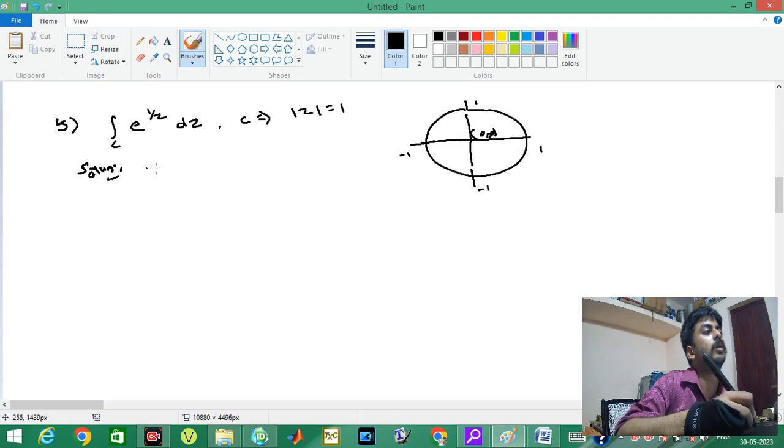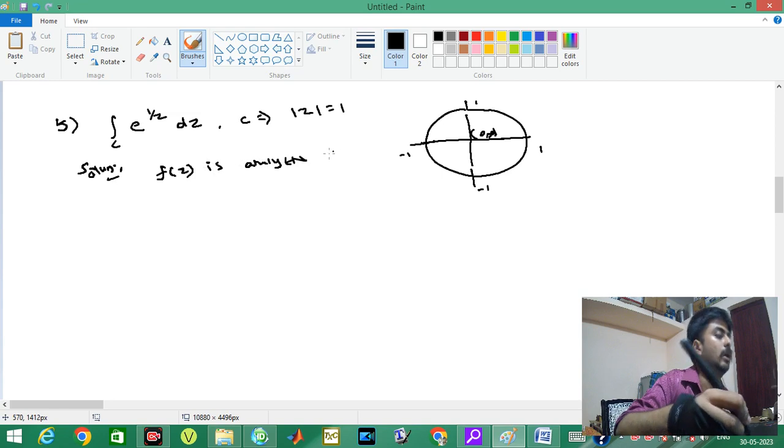But see the solution. The solution is very simple. Write those two conditions. F of z is analytic inside and on C. See, simply write the statement of Cauchy integral theorem.